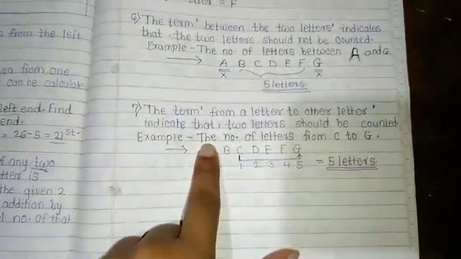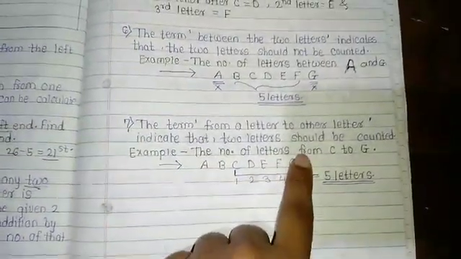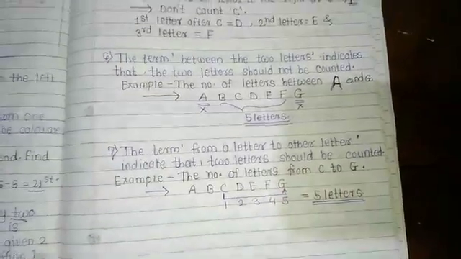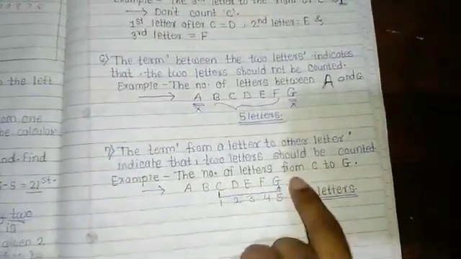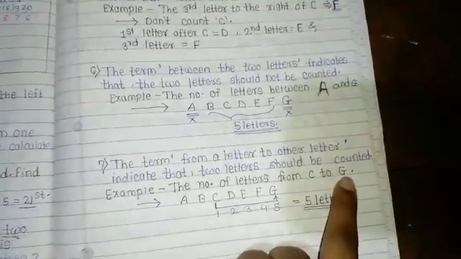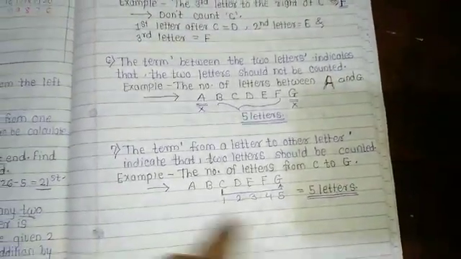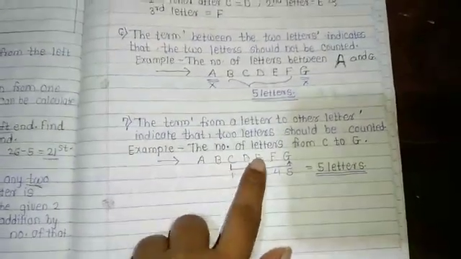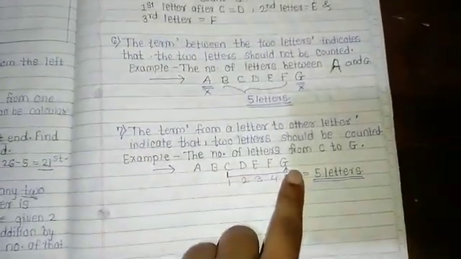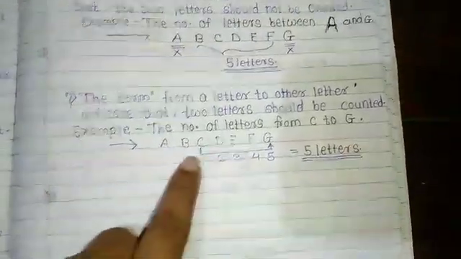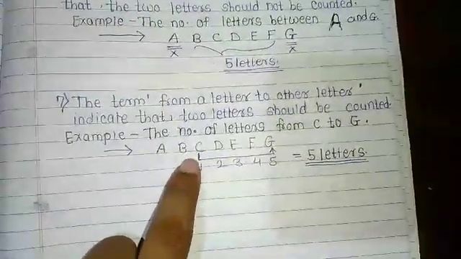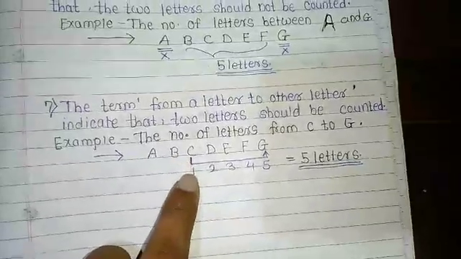Look at the example. The number of letters from C to G. We are writing A, B, C, D, E, F, G up to G. They ask to count the number of letters from C to G, so we have to start counting from C. It is 1.